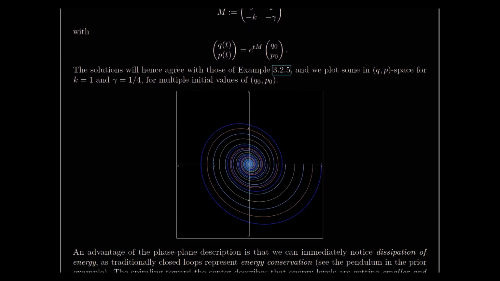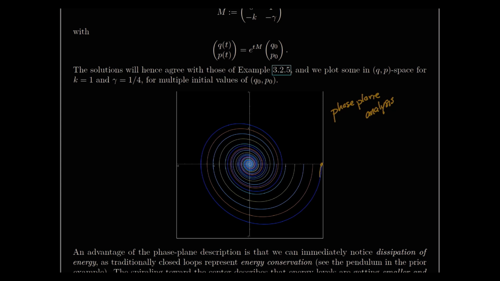If I plot these, in the phase plane analysis, once again, we see that over time, each one of these points is a point in time. And what's happening in space is I'm actually oscillating in smaller and smaller spaces until friction kills me off, right?